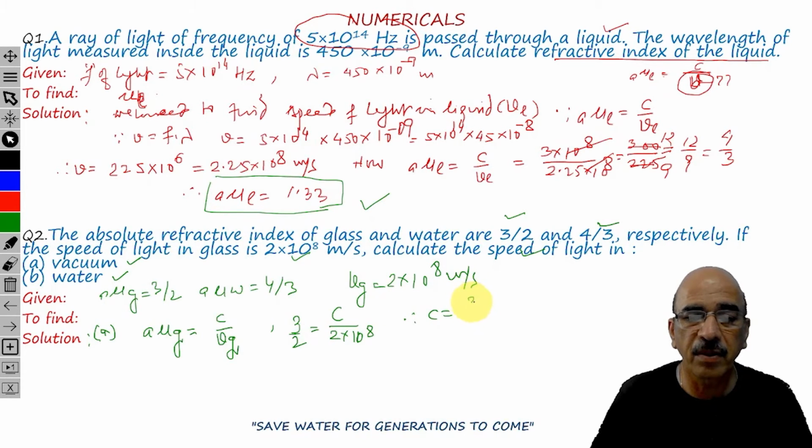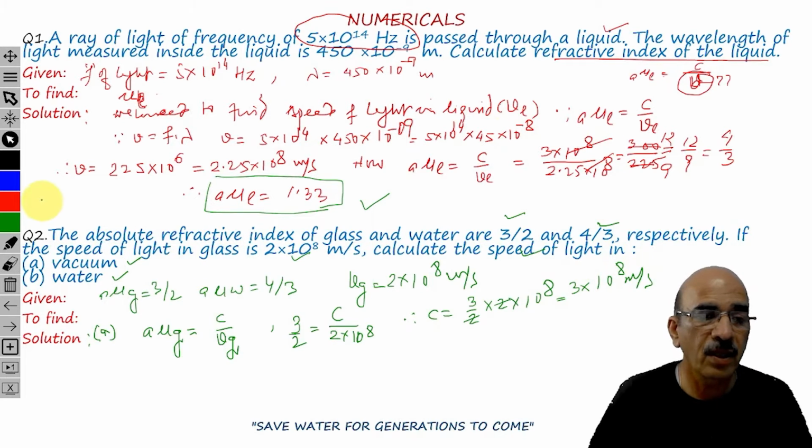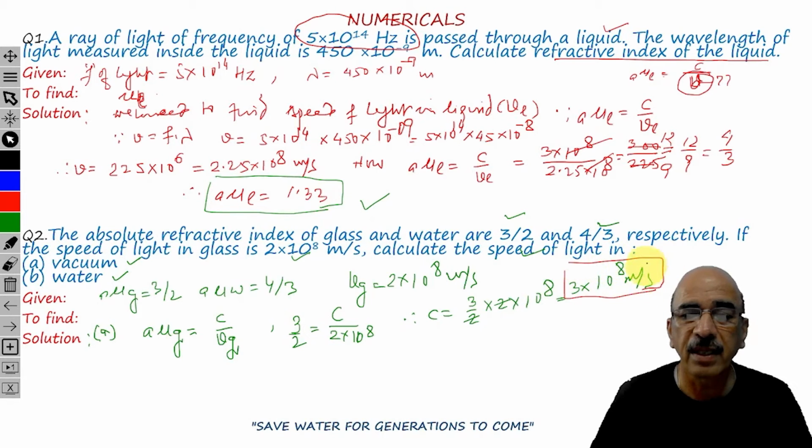So it will be 3/2 into 2 into 10 raised to power 8. Okay, so 2 cancel, and what do we get here? 3 into 10 raised to power 8 meter per second. So speed of light in vacuum is 3 into 10 raised to power 8 meter per second. So we have got first answer.